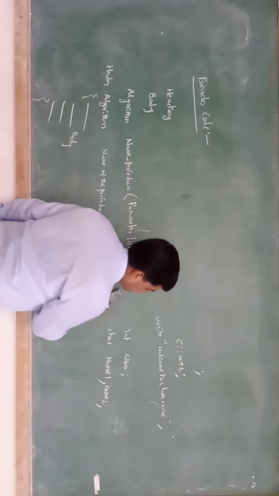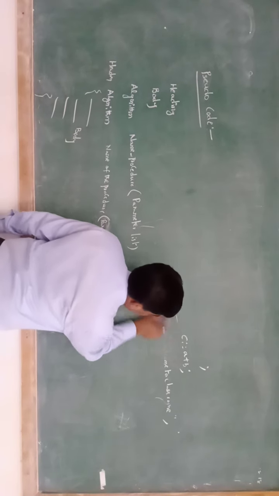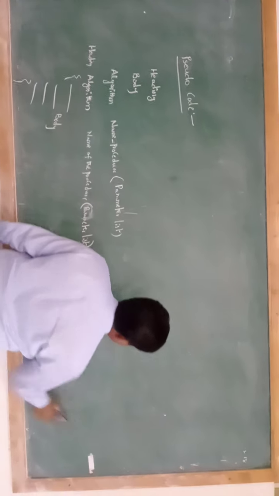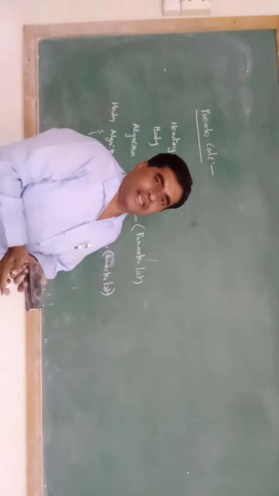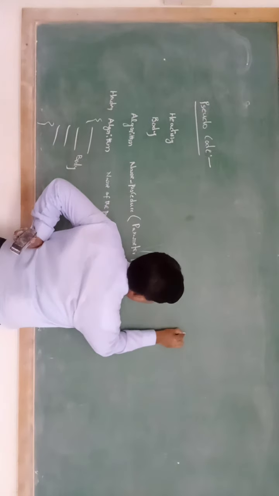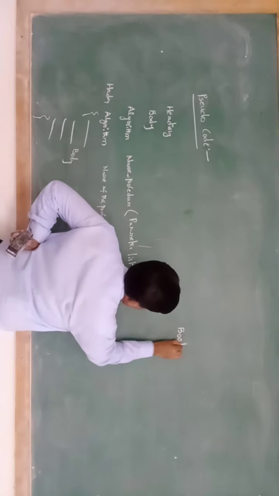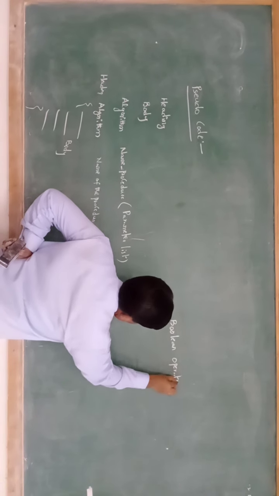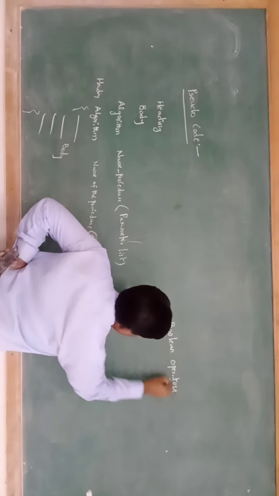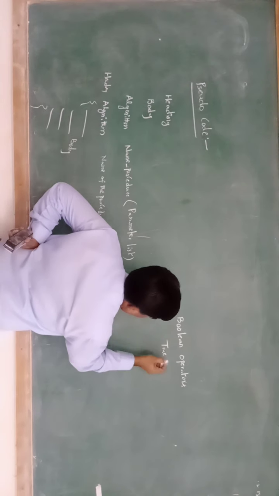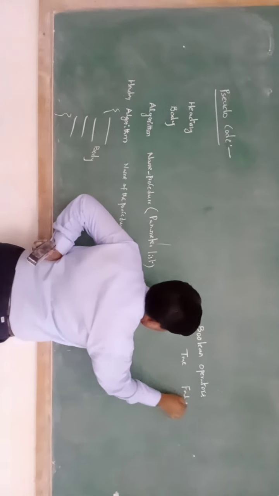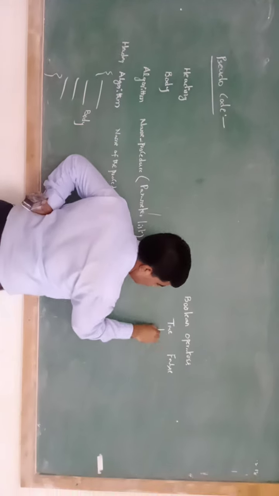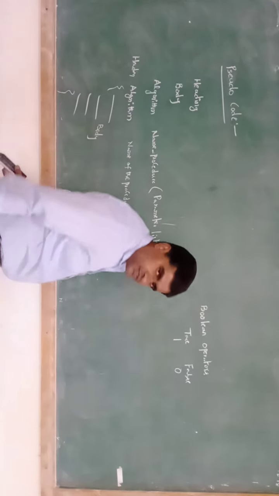Next thing. In any algorithm we are taking, we use Boolean operators, true or false. We can also represent true equal to 1 and false equal to 0.